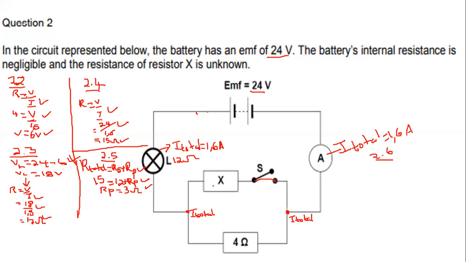The resistor is called X. So we want the resistance of that resistor, which is X. And that is where we start by saying, okay, this resistor X is actually a resistor that is connected in parallel altogether.